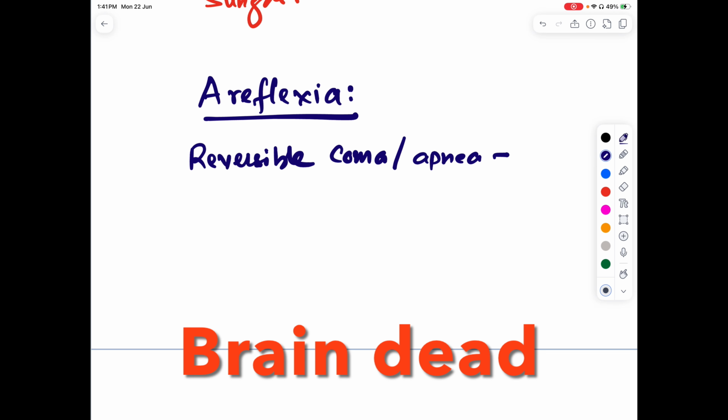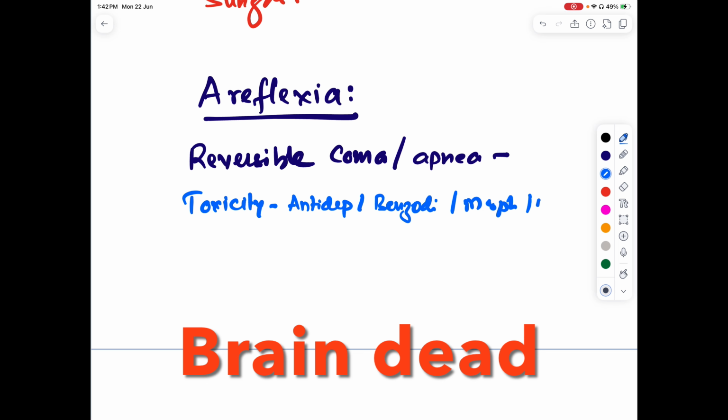Can you give some examples of reversible causes? This can be toxicity: antidepressants, benzodiazepines, morphine, alcohol.